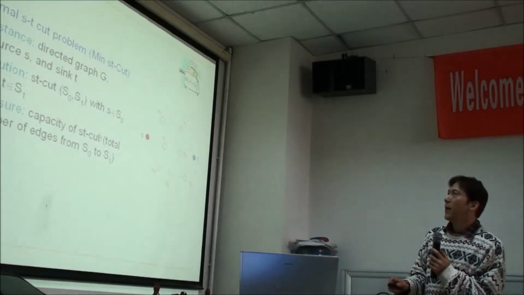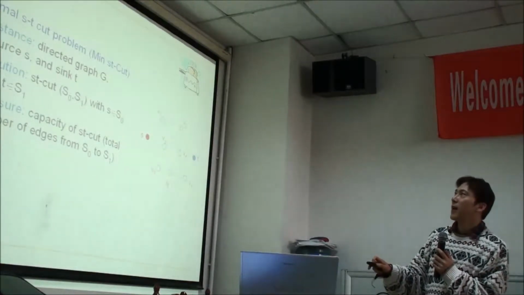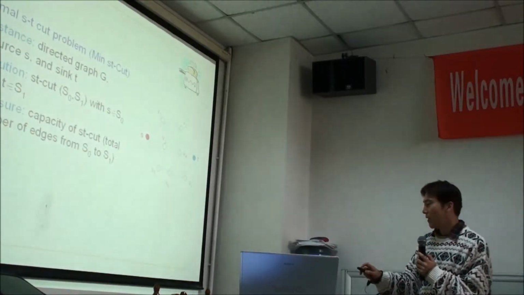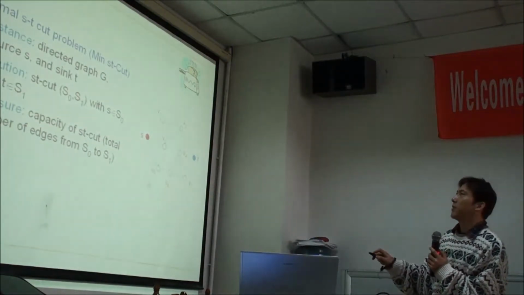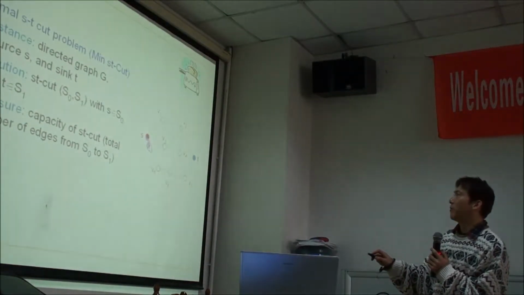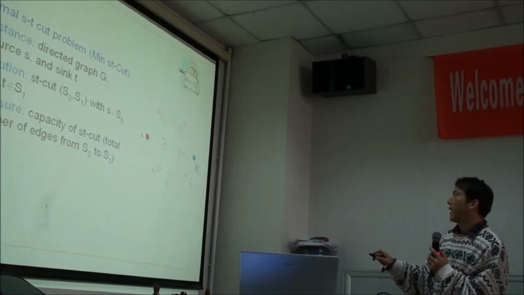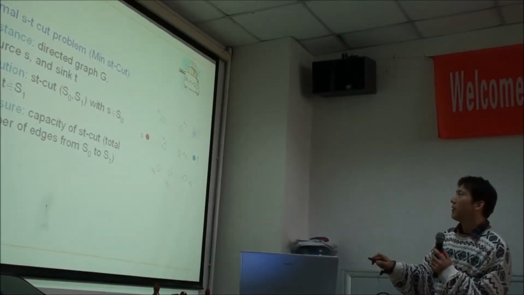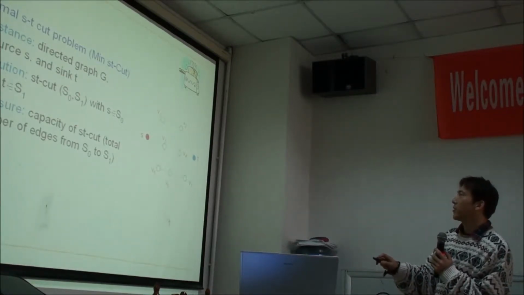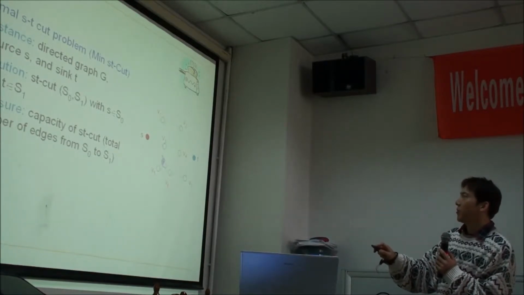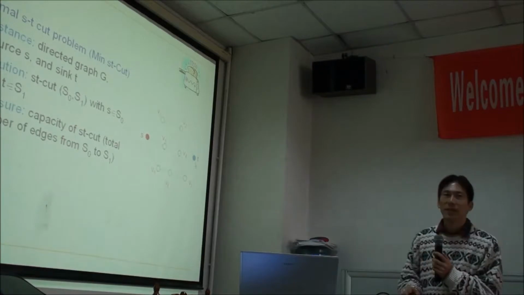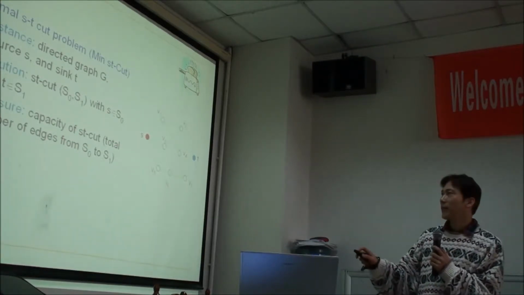Finally, the minimum s-t cut problem. Suppose that we're given a directed graph, and we have some source and sink. We have to find a cut. One partition contains S, the other partition contains T, and we have to minimize the capacity.